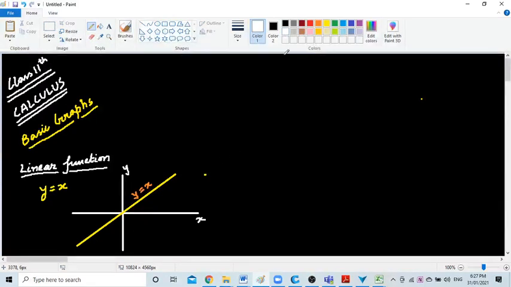The next function that we are going to discuss over here is the square function. Right? We can represent this function as y equals x square. Right? Now let's see how we can show this function.